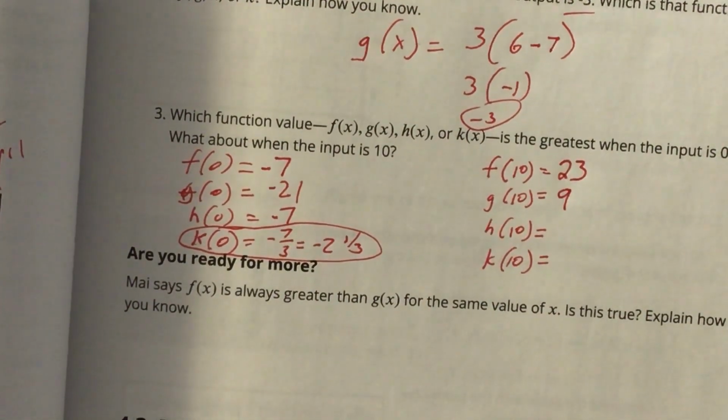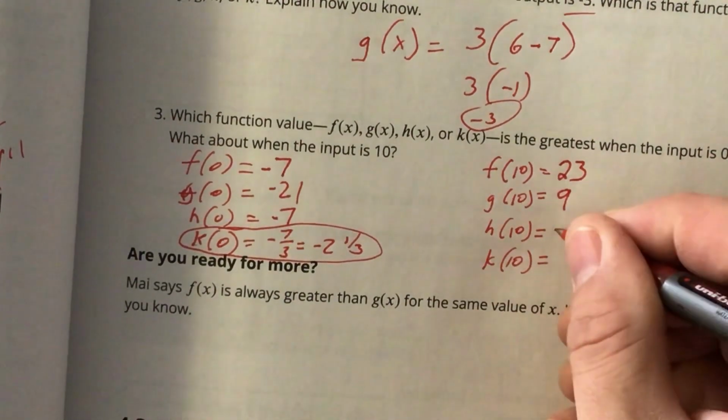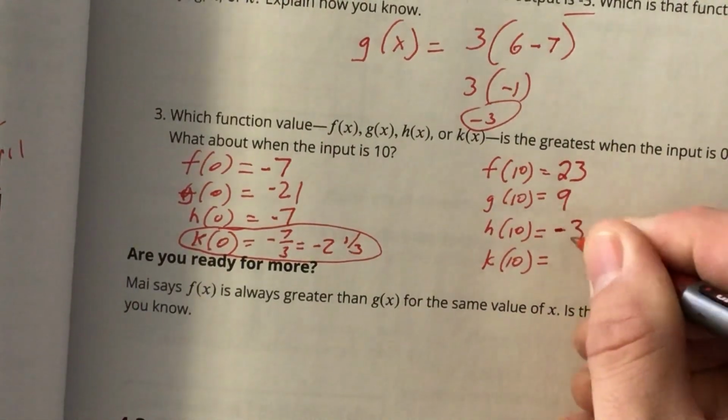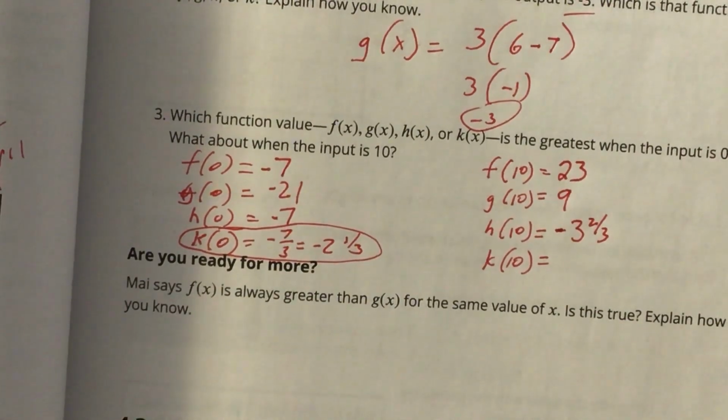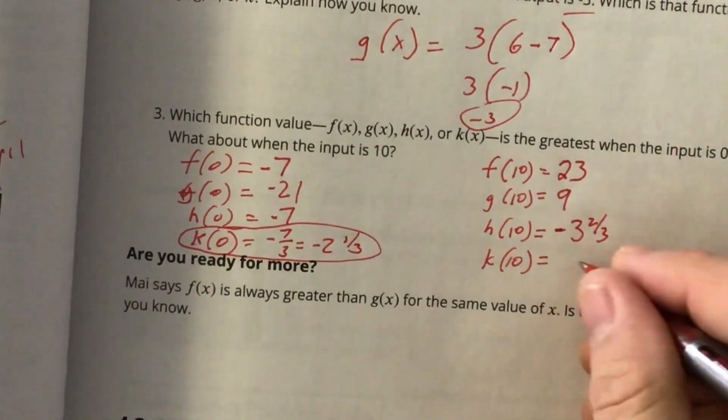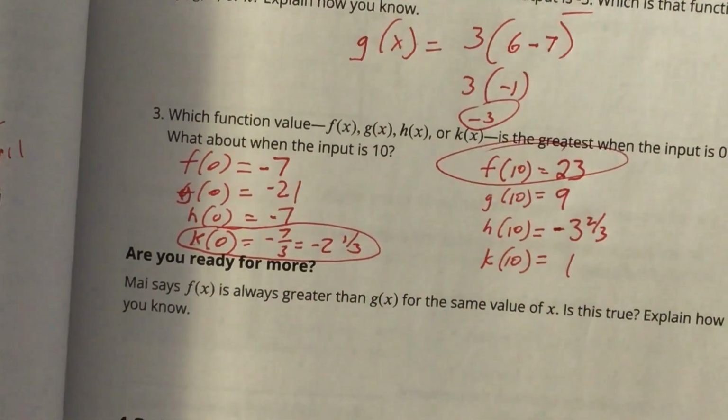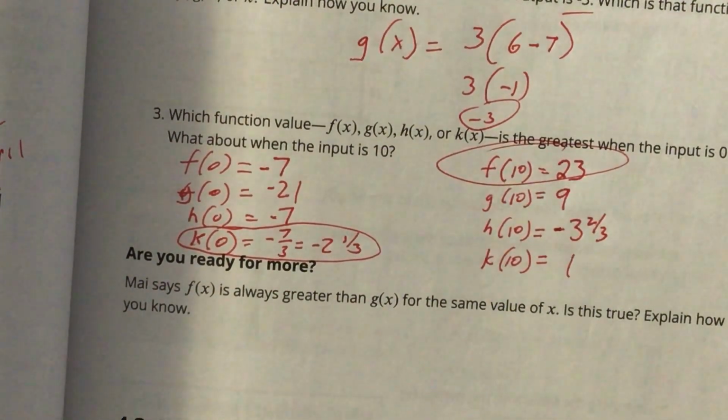How about if you plug in 10 for h of x? 10 divided by 3 is 3 1/3, minus 7. That's going to be negative 3 2/3. And the last one, plug in 10. 10 minus 7 is 3, divided by 3 is 1. So the one with the greatest value is F.